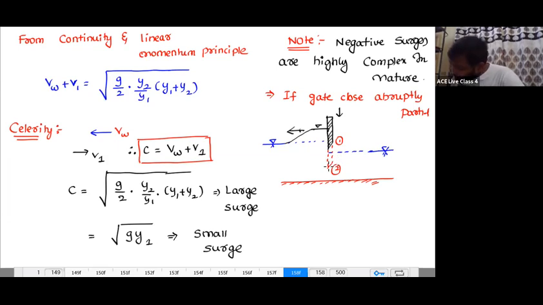On the downstream side, this is the gate, right? Now this is a negative surge moving towards the downstream. This is a positive surge and this is a negative surge.